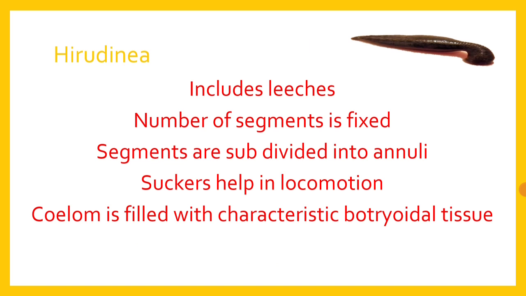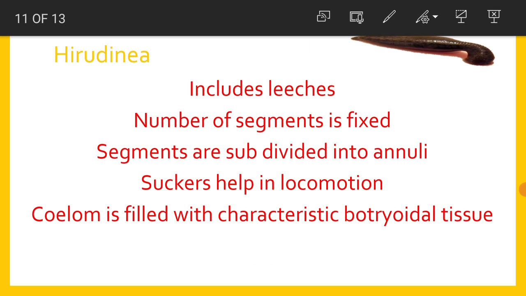And coming to hirudinea, which includes parasitic annelids, that is a beauty and speciality of this hirudinea. Hirudinea includes parasitic annelids, namely leeches. And the number of segments in leeches is always fixed, and these segments are again subdivided into annuli, and suckers help in locomotion and also for attachment of this leech to the vertebrate body.